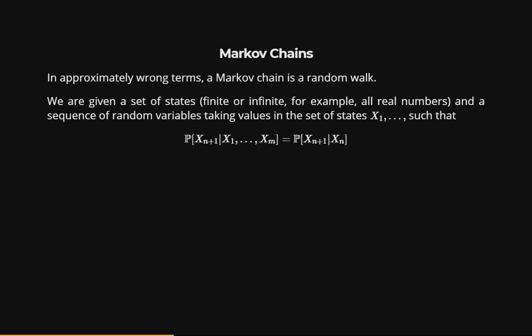And one of these cases, the most famous one probably, is the Markov chains. So in rough terms, a Markov chain is a random walk. So you're moving randomly with some transition probability between states, between places, between points.